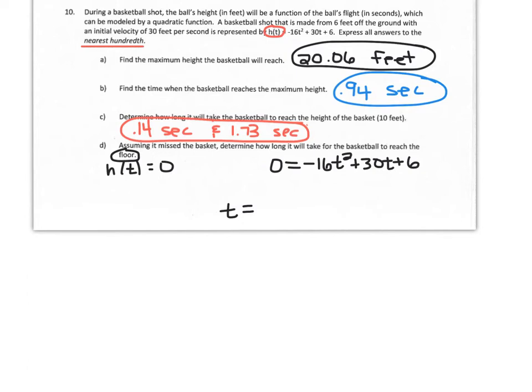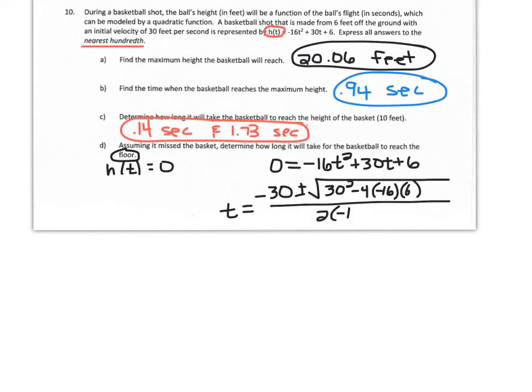So t equals negative b, so negative 30, plus and minus the square root of b squared, so 30 squared, minus 4 times a, which is negative 16, times c, which is 6, and that whole thing is over 2 times a, so 2 times negative 16.